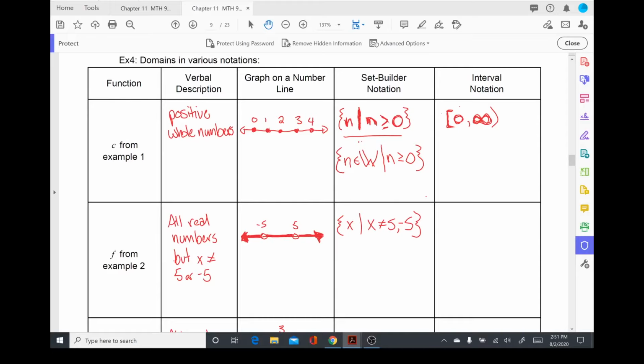So we'll go from -infinity, and the reason this gets an open parenthesis is because you don't get to equal infinity, you can't really be at infinity. Then to -5, you weren't allowed to put -5 in, and then we had from -5 to 5, and then we had our last interval, 5 to infinity.